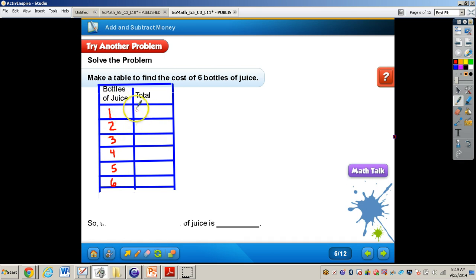Now we can see the price for 6 bottles of juice. First of all, $1.25 for the first one, and then after that we can add $1.25 to our $1.25, giving us $2.50 for 2. Then for the next one, you can just add $1.25, giving you $3.75. Then after that, for the fourth one, $5.